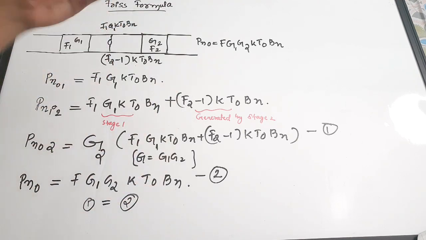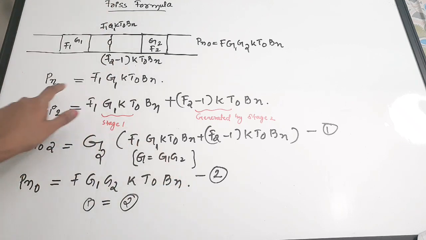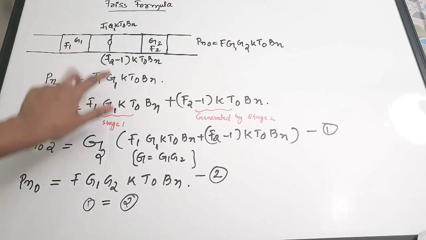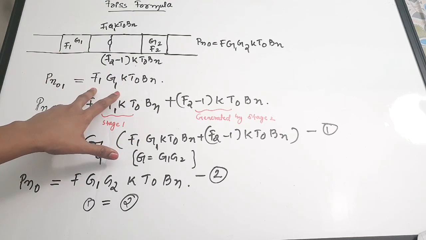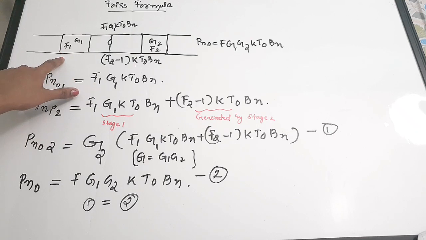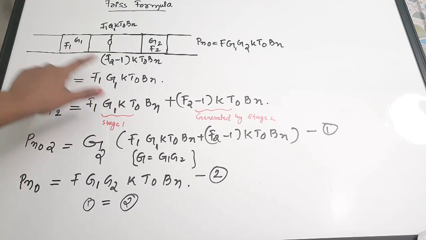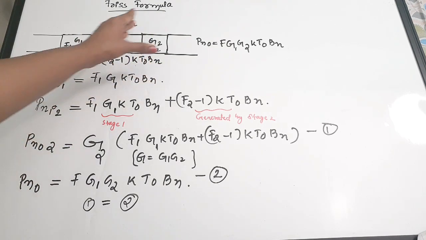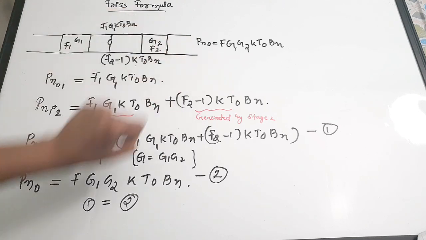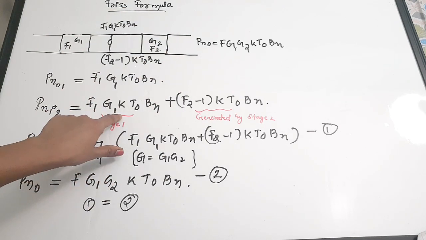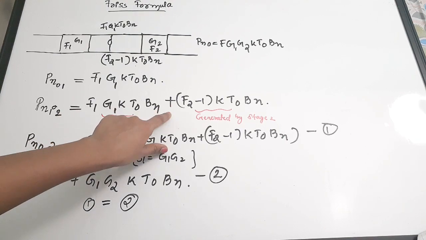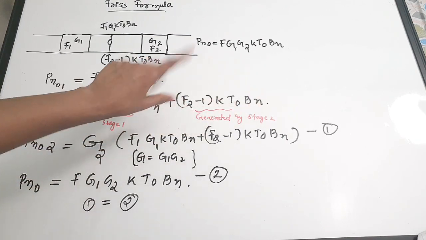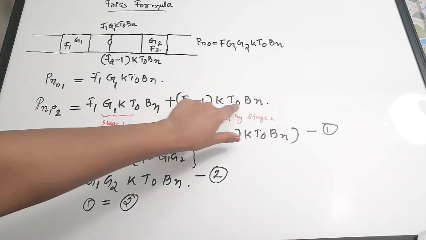So we'll start once again, just briefly. Pn01 is the output noise power at stage 1. It is F1, that is its noise factor, into the gain of that stage into K T0 Bn. Then Pni2 is the input noise power at the input side of stage 2, which will be F1 G1 KT0 Bn plus the noise power contributed by that stage, which is F2 minus 1 KT0 Bn.